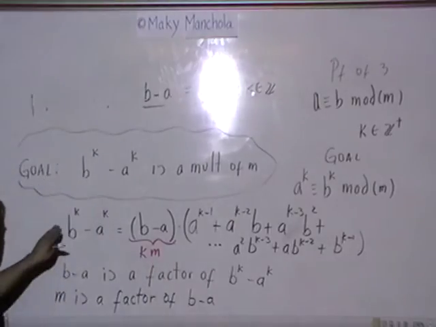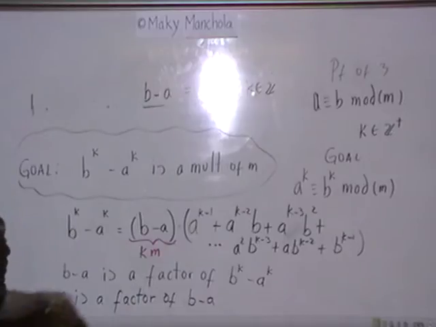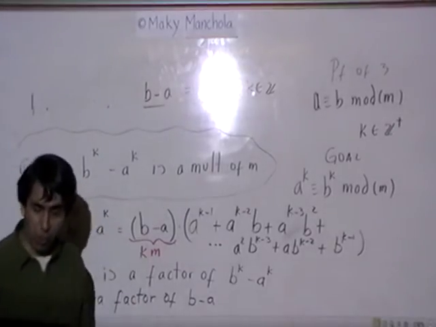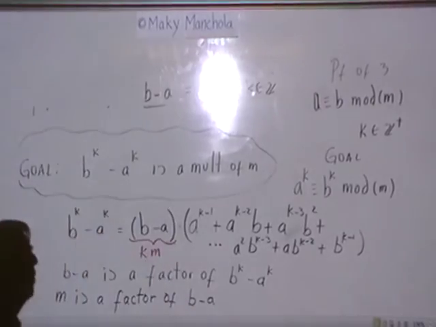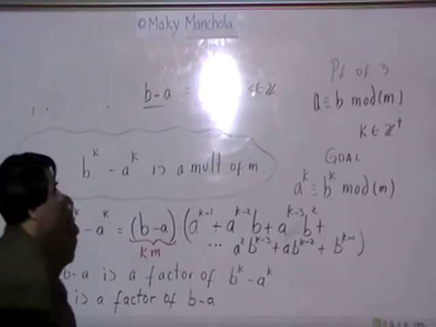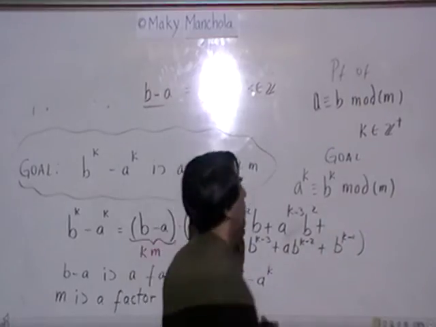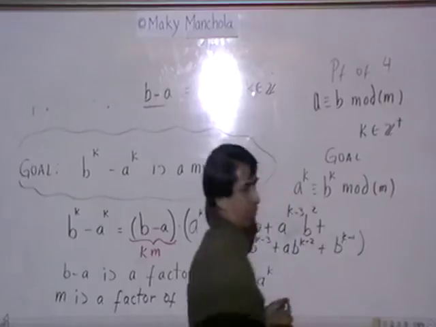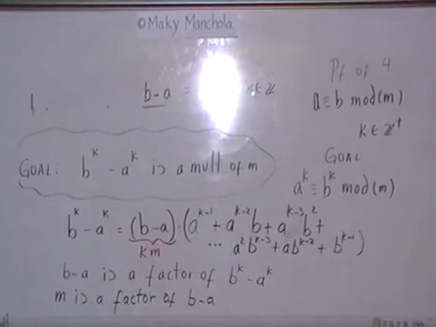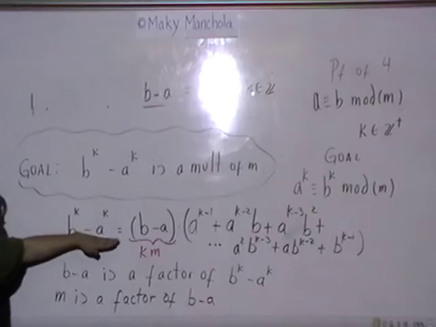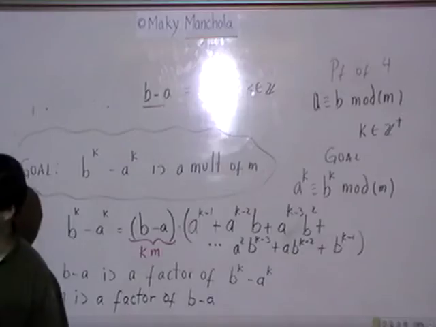So b to the k minus a to the k is a multiple of m, thus accomplishing our goal. So we're done proving property 4. This was property 4. I forgot to make the change there, so better late than never. The audience will be asked to establish this algebraic identity using mathematical induction.